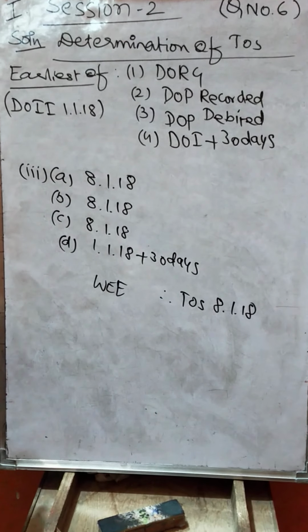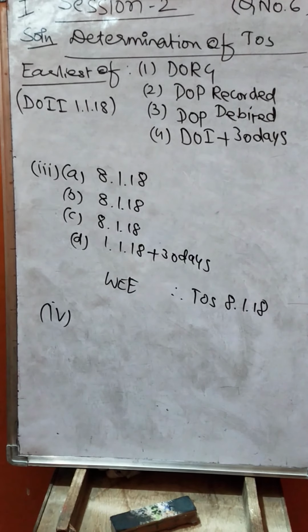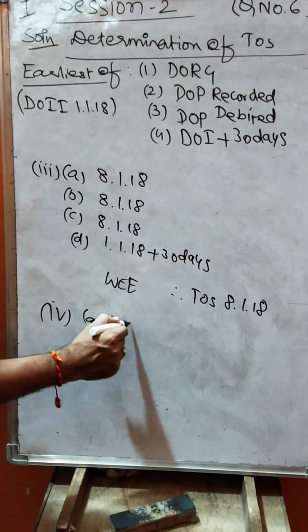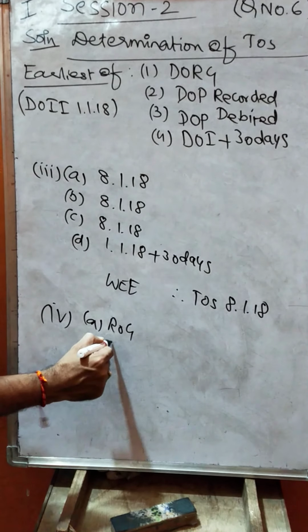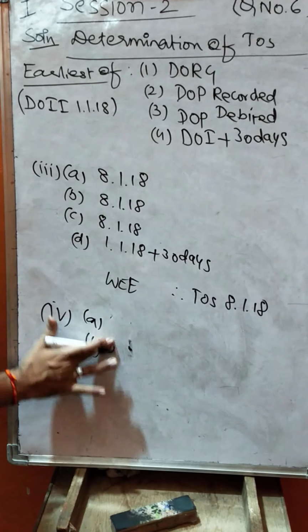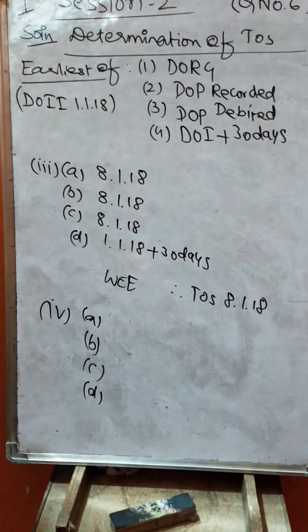Then fourth case, Mr. Ashok received goods. Again, receipt of goods given, date of payment, four things we are supposed to consider.